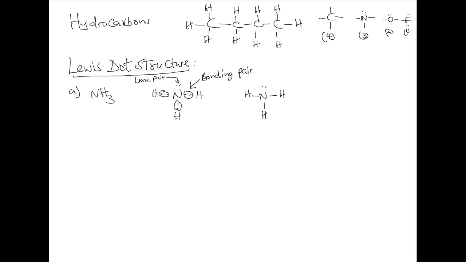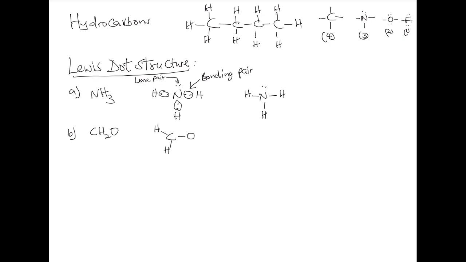Let us look at another one, assuming you are asked to write the structure for CH2O. So we're going to start with a carbon bonded to oxygen. Now we have 2 hydrogen atoms. Carbon is already bonded to oxygen. Carbon has a bonding capacity of 4, so it needs more. So we can put the hydrogens here.